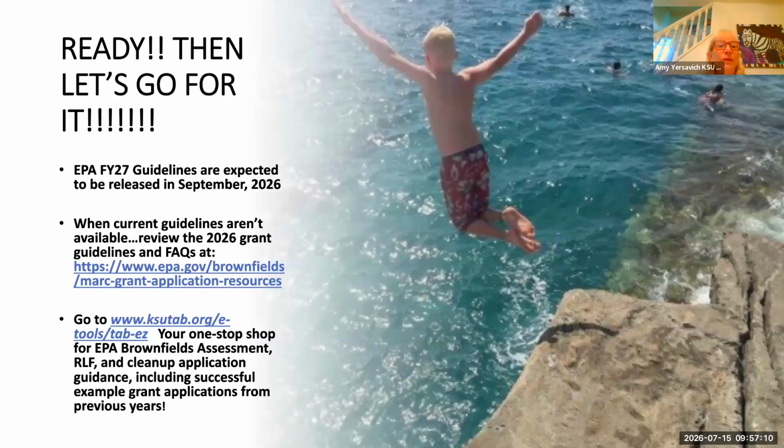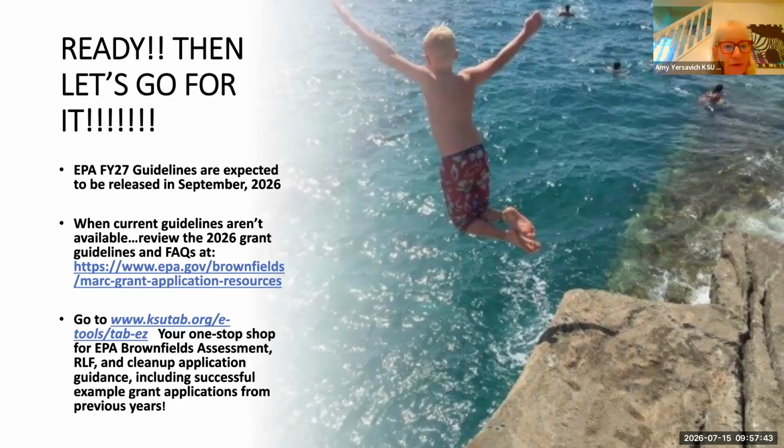Okay, so if you get to this point and decide, yes, I really do need a US EPA Brownfield grant, this would really help my community. A couple of things: as John mentioned, the coming year's guidelines, which we call the FY27 guidelines or notice of funding opportunity, you'll hear that as well, NOFO, are expected to be released in the fall, usually toward the end of September of this year.